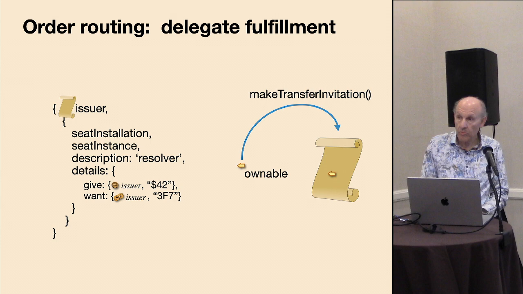So by turning the seat resolver into a transfer invitation that can be transferred, it can credibly transfer it to another contract, where the other contract then redeems it for a seat resolver and determines the payout, still with all this order routing preserving all of the offer safety constraints.